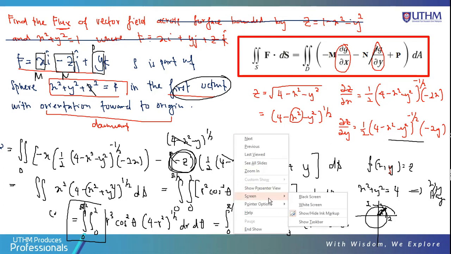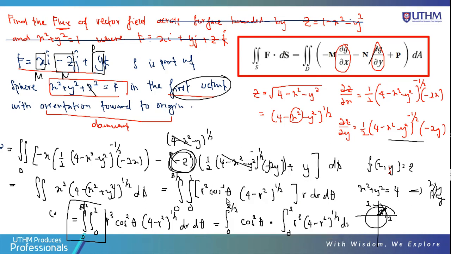So I just give the hints. Okay, so for this one you can solve using what method? So you can use the trigonometric identity. Okay, you substitute with the trigonometric identity. So here you can solve using u substitution. So u equals 4 minus r square, du dr, later it can cancel.